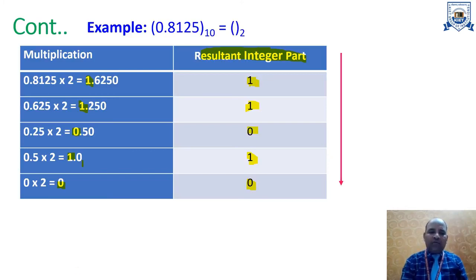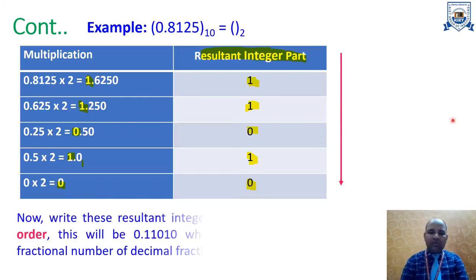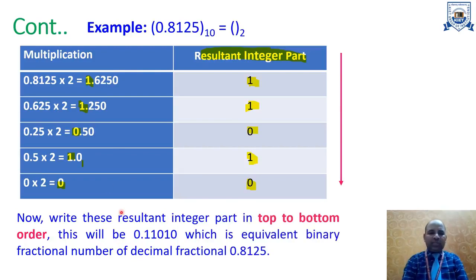Now we write all these numbers in top to bottom order. So it is 1 1 0 1 0. Friends, we are ready with our desired result, as shown on your slide. Obviously it is preceded by the point because it is a fractional number.